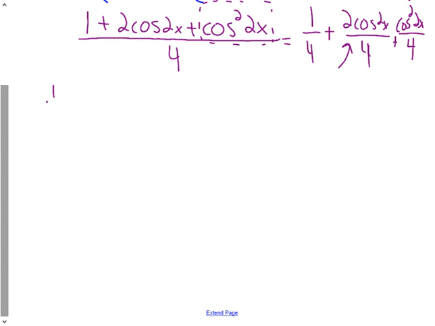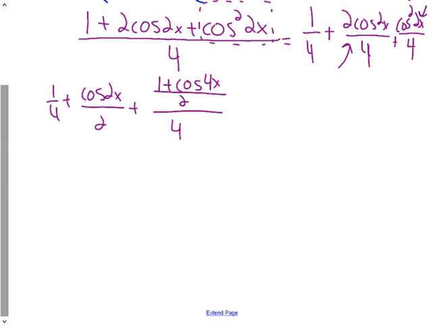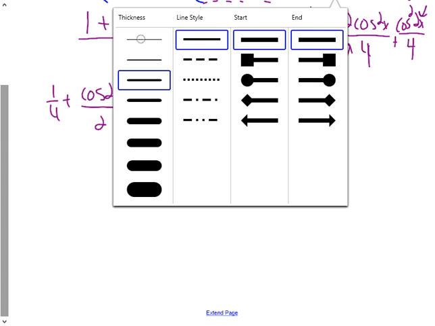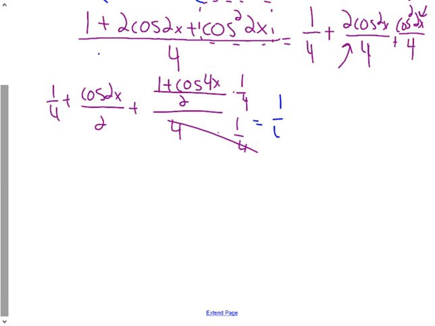So 1/4 plus cosine of 2x over 2 plus, and now we got 1 plus cosine, and it's going to double again from 2x to 4x over 2 all over 4. Last bit of simplifying is to get rid of the double fraction times 4 top and bottom. And this will leave us with 1/4 plus cosine of 2x over 2 plus 1/4 times 1/2 is 1/8.